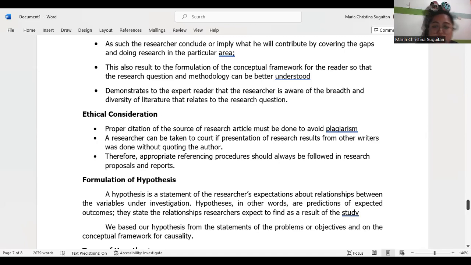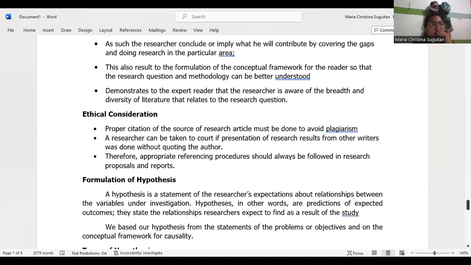Okay, so avoid forgery, avoid plagiarism, and then appropriate referencing procedures should always be followed in research proposals and reports. Always, okay? Hindi kahit, di ba, pag kukuha ka ng research, dapat nagpa-paraphrase ka din. Yun, word by word, pare-pareho.